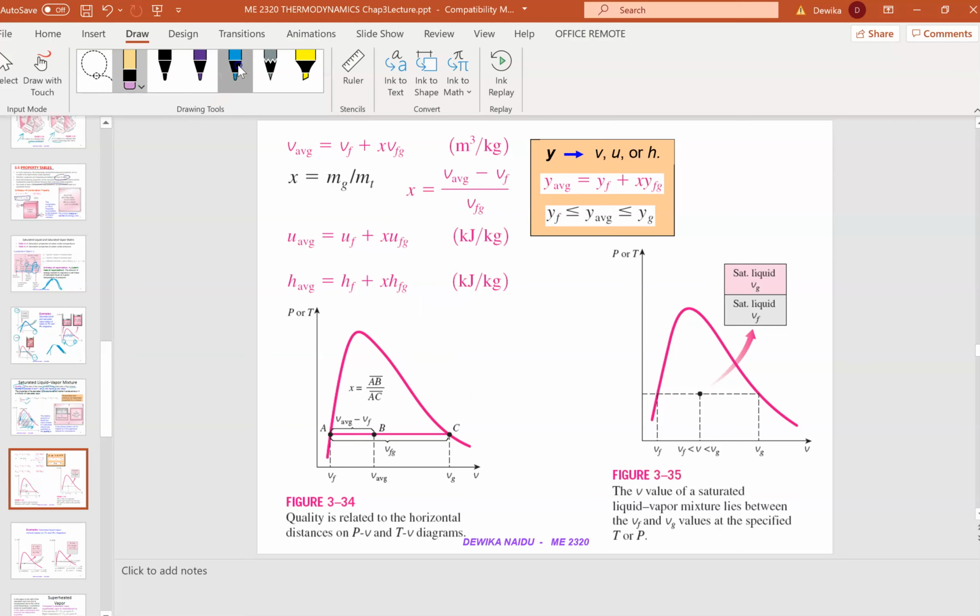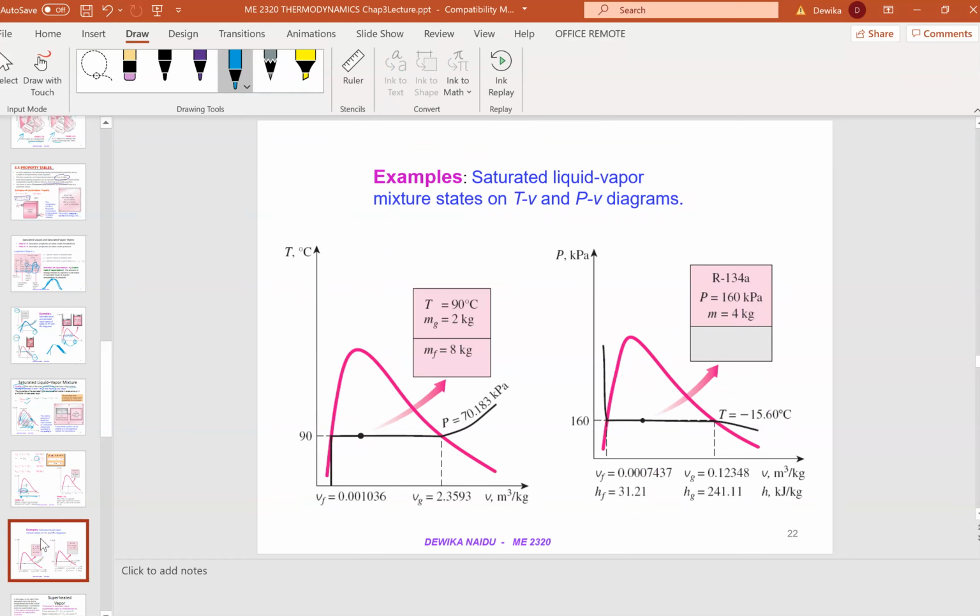Here, your v average is the region that you need to calculate, A to B. Then we have Vf, which is this reading here, divided by this whole thing. So that's how you calculate your x value. I will show you an example now so that you will understand it better.